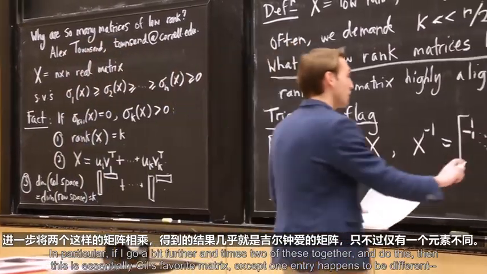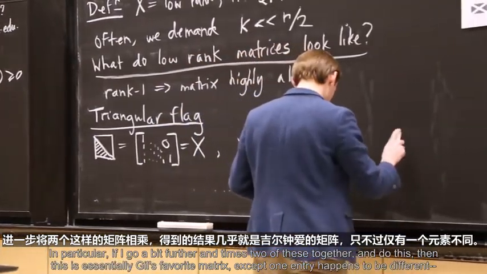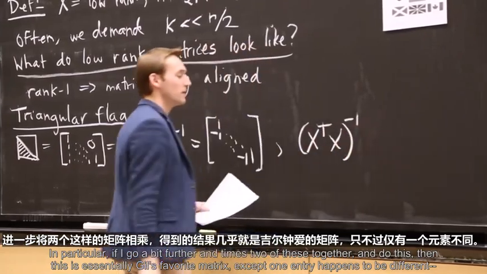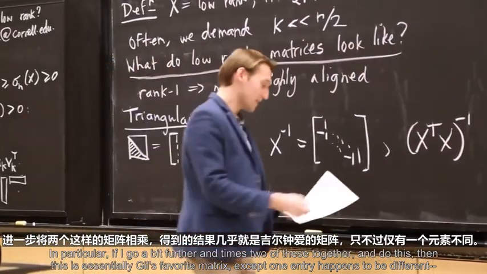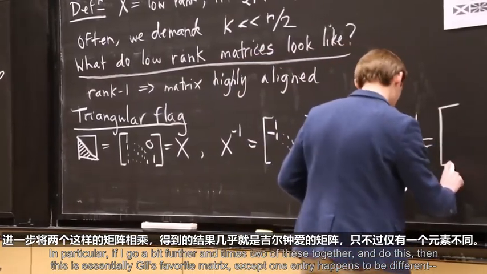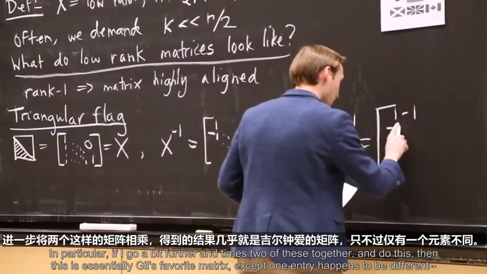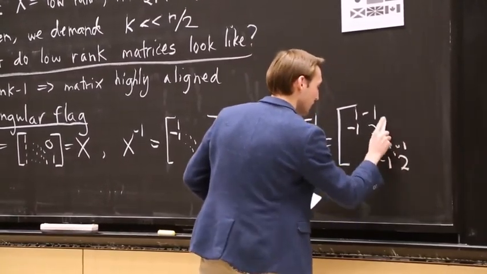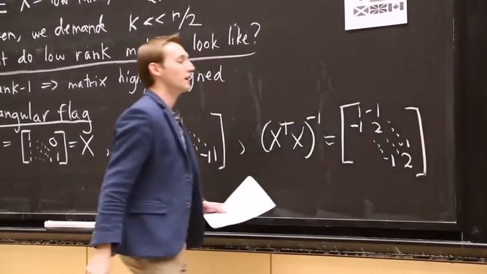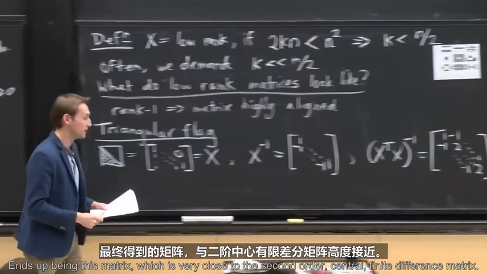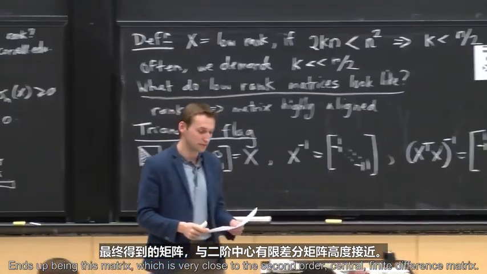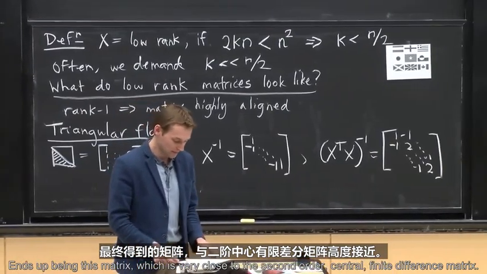In particular, if I go a bit further and multiply two of these together, then this is essentially Gill's favorite matrix, except one entry happens to be different. It ends up being this matrix, which is very close to the second order central finite difference matrix.